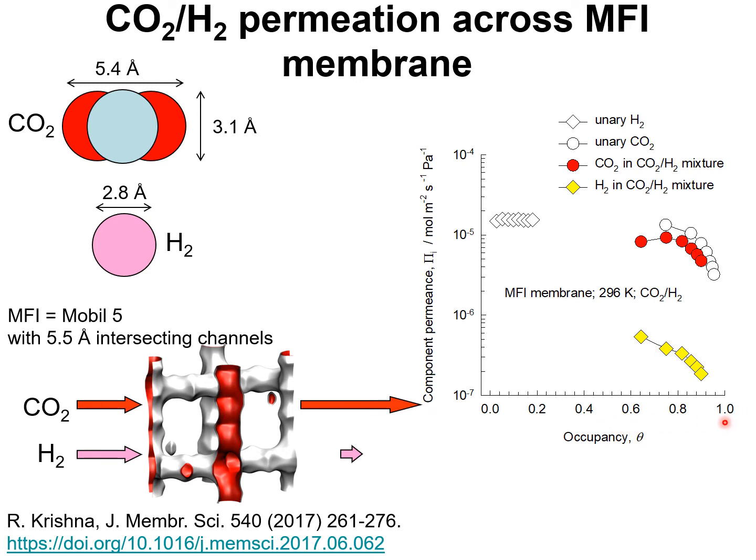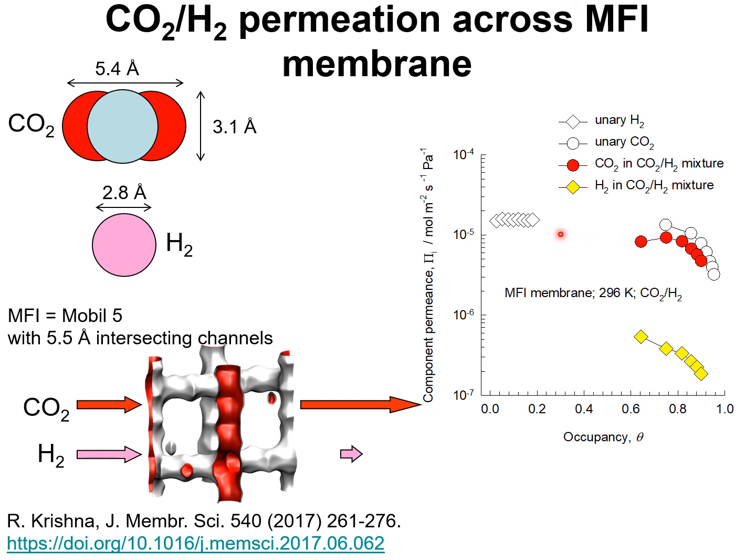There are two things to be noted. First, that the component permeance of CO2 in the mixture is only slightly lower than the component permeance of CO2 on its own. In other words, the reduction in the permeance in the mixture is almost negligible for CO2.